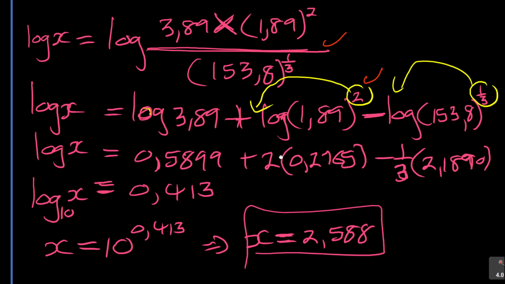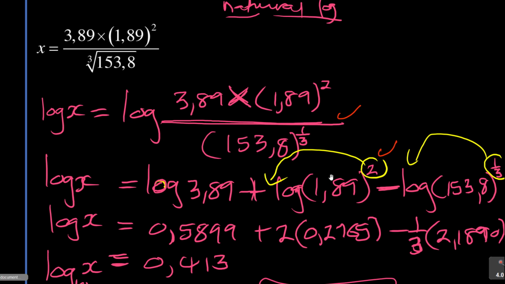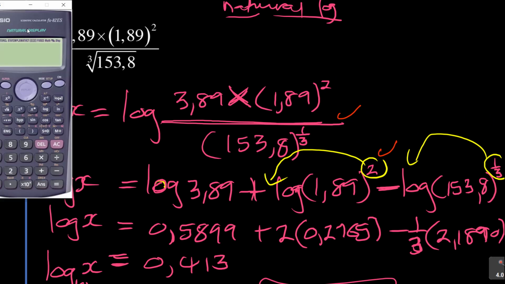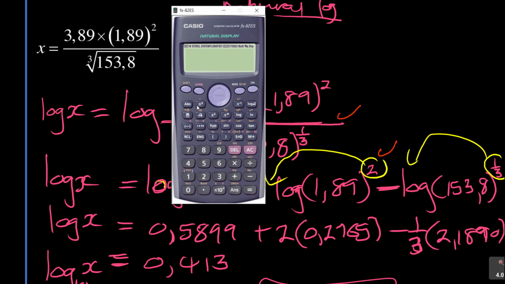So what you do, of course, it's very wise to say, in as much as you know it's 2,588, I will take my calculator from here, for the sake of everyone who's watching, and use it to find what is the answer here. It might not be exactly the same because we're rounding off, but closer to the answer. Let's do that.